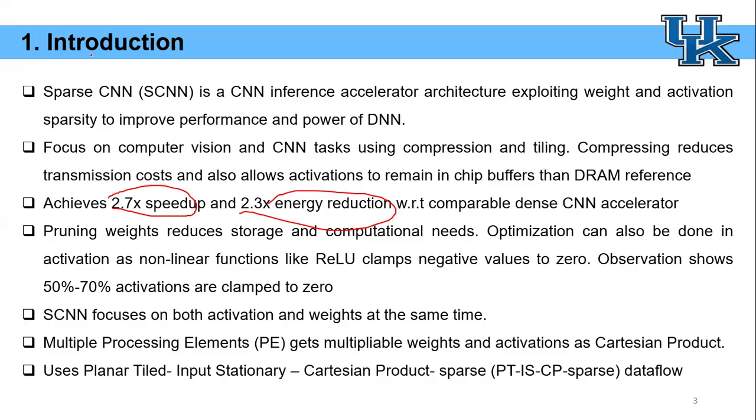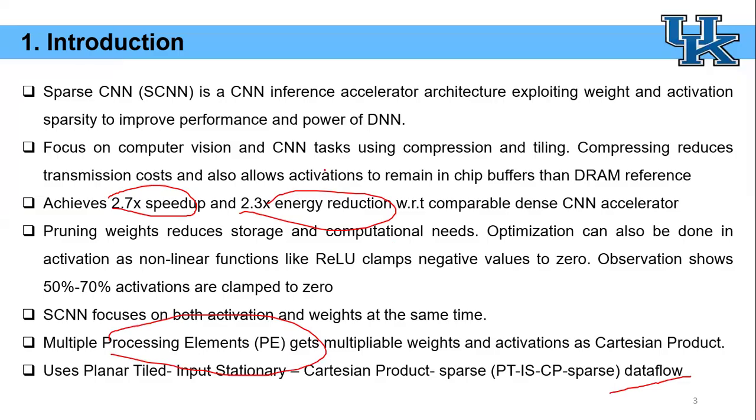And for the weights as well, for zero weights, the multiplication is the same, so it removes that as well. So it uses multiple processing elements which only multiply the non-zero weights and activations, and they use something called Cartesian product. And then it uses a data flow known as PT-IS-CP-sparse data flow, which we'll talk about later on.